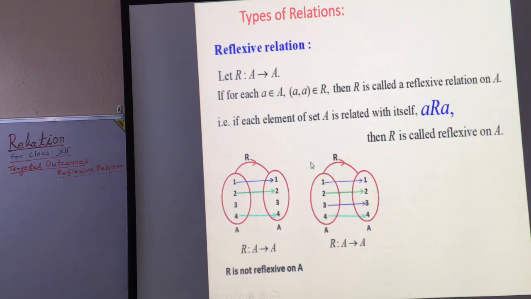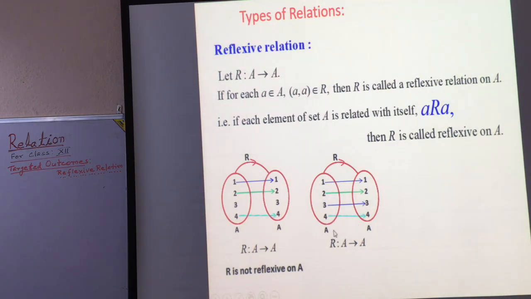Take another example. Here we observe that set A has 4 elements, 1, 2, 3, 4. 1 is related with 1, 2 is related with 2, 3 is related with 3, 4 is related with 4.